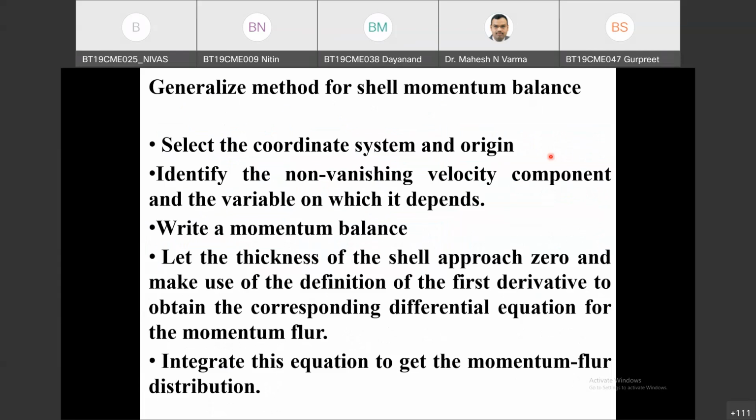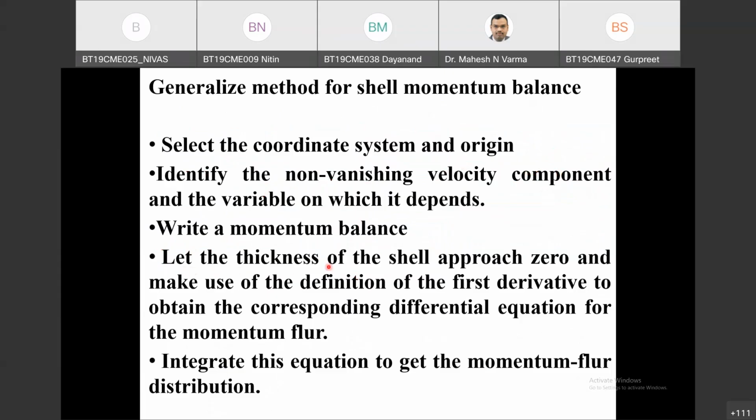This is a generalized method. Now you can understand this very well, what we have done in the two problems we have already solved. We selected the origin, then identified the non-vanishing terms. You can apply this to any case. Write a momentum balance equation.